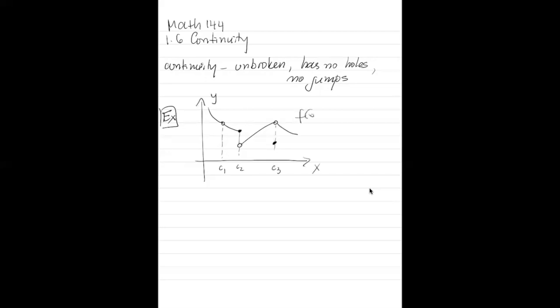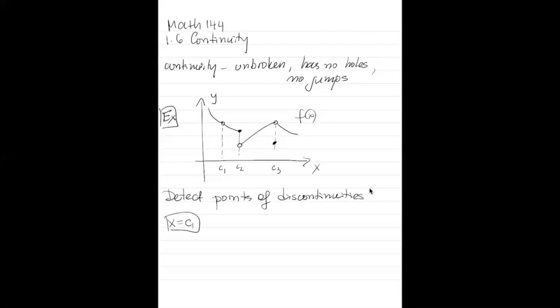So our function has three very important points to discuss. We're going to examine points of discontinuities here. Looking at the graph from left to right, our first point is C1.